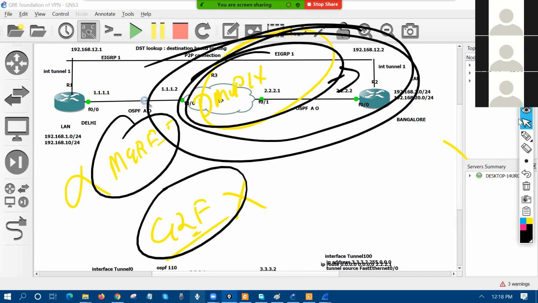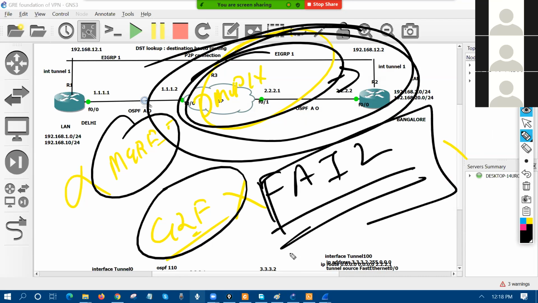The complete whole structure you implement on DMVPN. If your DMVPN is not working in your exam, DMVPN, MPLS VPN, 100% you will fail. 110%. No one can pass you without DMVPN and MPLS. No one.